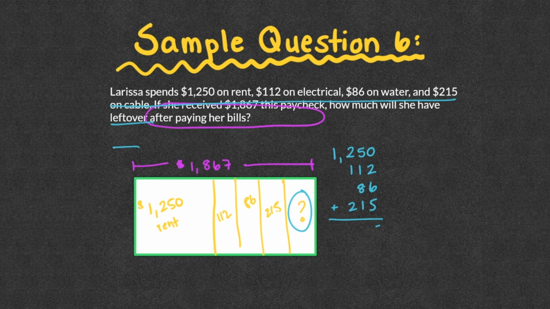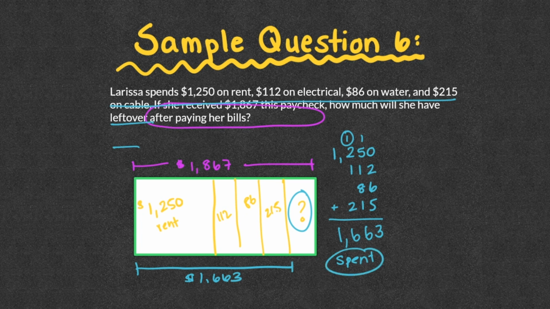So that's 8, that's 13, carry the 1, 6, 7, 8, that's going to be 16. That's 3, 4, 5, 6. So we know that she spent $1,663. But we're not looking for how much she spent. We're looking for how much she will have left.